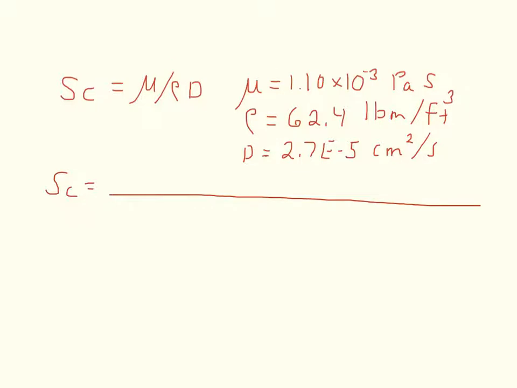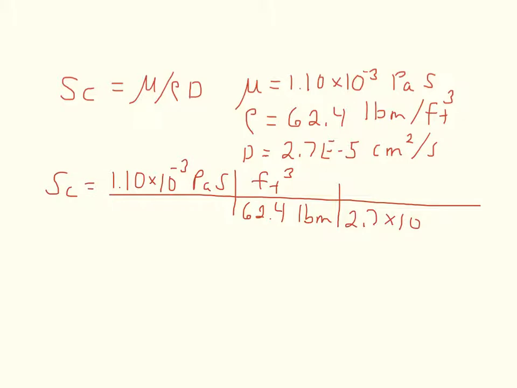We put the actual values in here, so 1.10 times 10 to the minus third Pascal seconds, and the density is 62.4 pound mass per cubic foot, and the diffusivity is 2.7 E to the minus fifth, which is the same thing as times 10 to the minus fifth, centimeters squared per second.